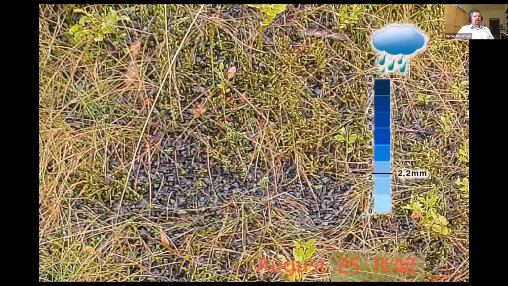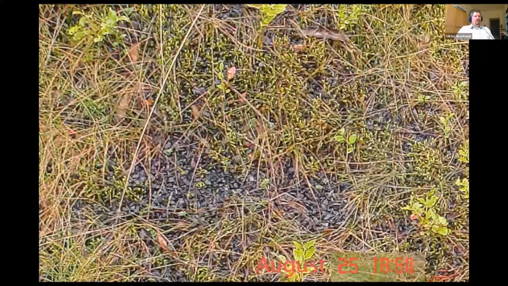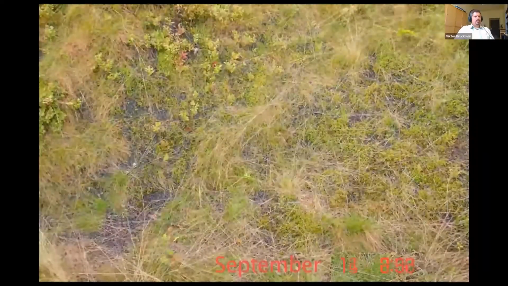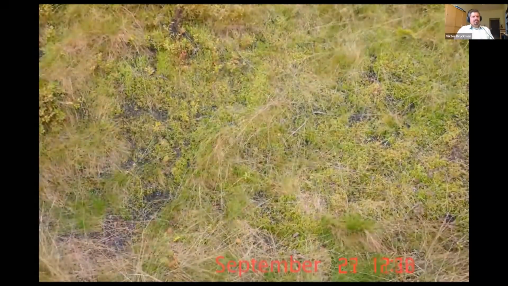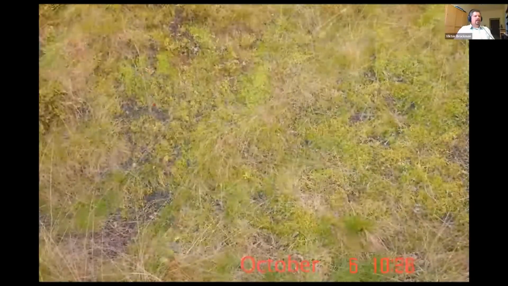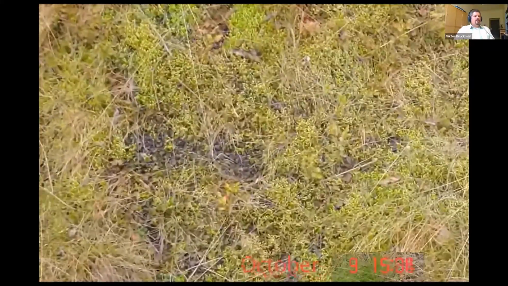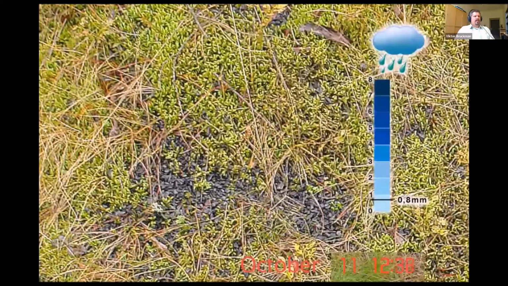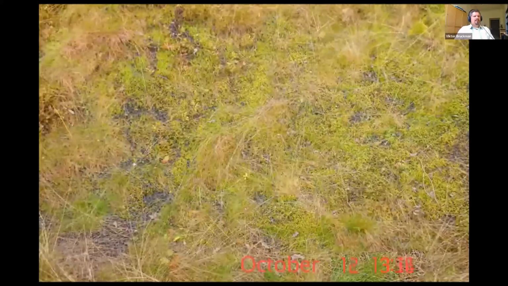And this effect becomes even stronger with time as biochar particles rest on the ground. Meanwhile, we have September and October. You can hardly see any particles on the surface, and therefore the movement becomes also less.